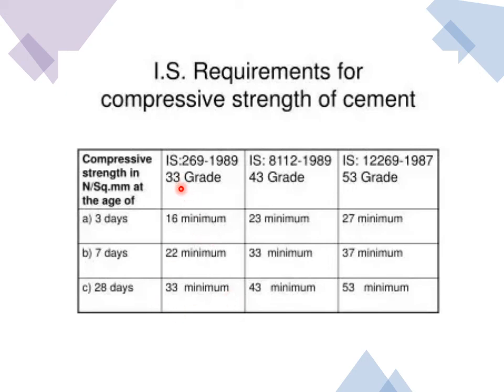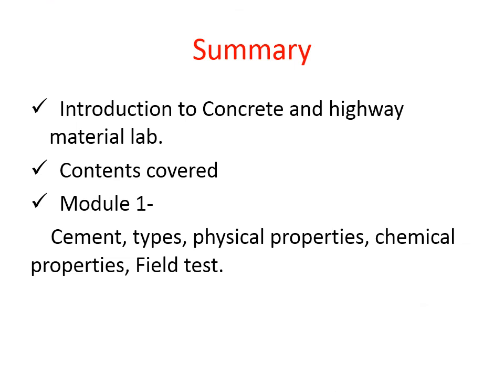You can see 33 grade cement for 28 days should be minimum 33 megapascal. Similarly, 43 grade cement at 28 days curing should be 43 megapascal, and 53 grade cement at 28 days curing should be 53 megapascal. Okay, so these are a few of the properties of the cement available in the market.